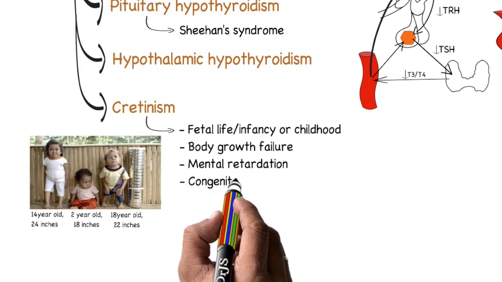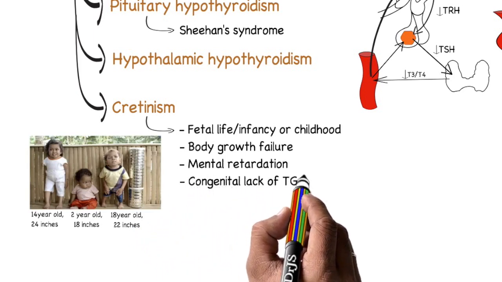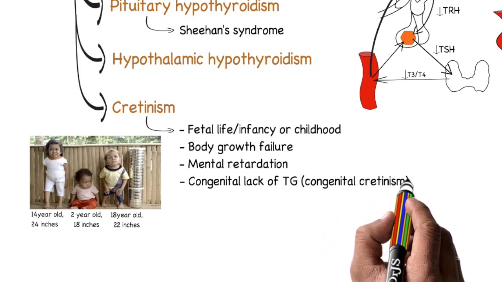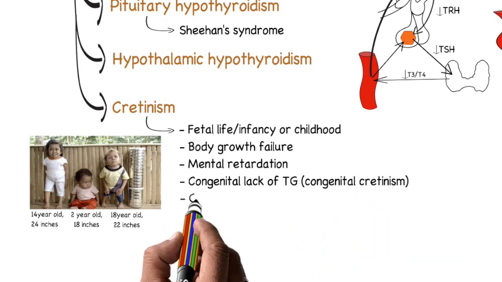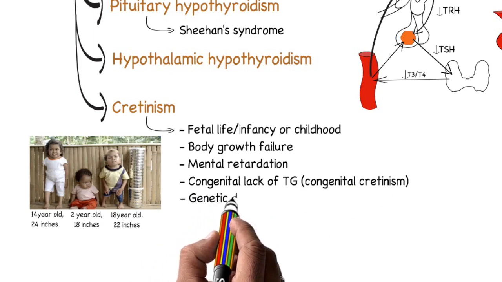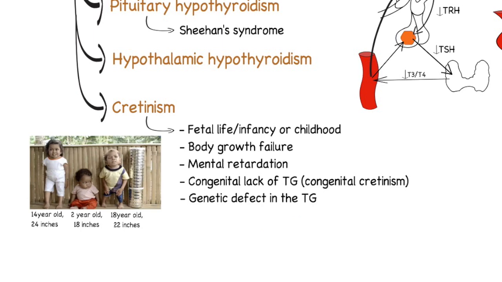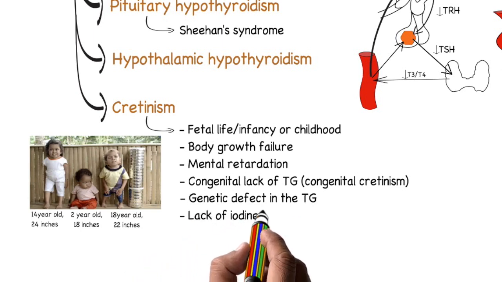Cretinism is caused by congenital lack of the thyroid gland, called congenital cretinism. There may be a genetic defect in the thyroid gland, and lack of iodine in the diet is called endemic cretinism.